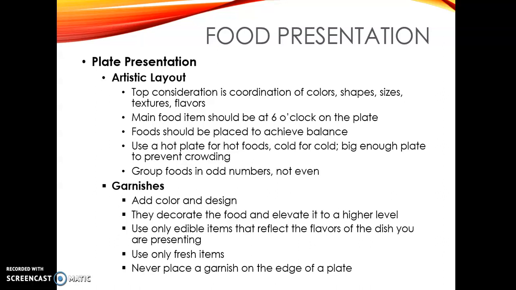So garnishes. Garnishes are what you add to your plate after it's done cooking to really enhance color and design. But one of my biggest pet peeves is when a garnish does not go with what the food is. So it should reflect the flavors of the dish you're presenting. And it should always be edible. They do make edible flowers, which are so beautiful, and they don't really taste like much, so you can use those for garnish.